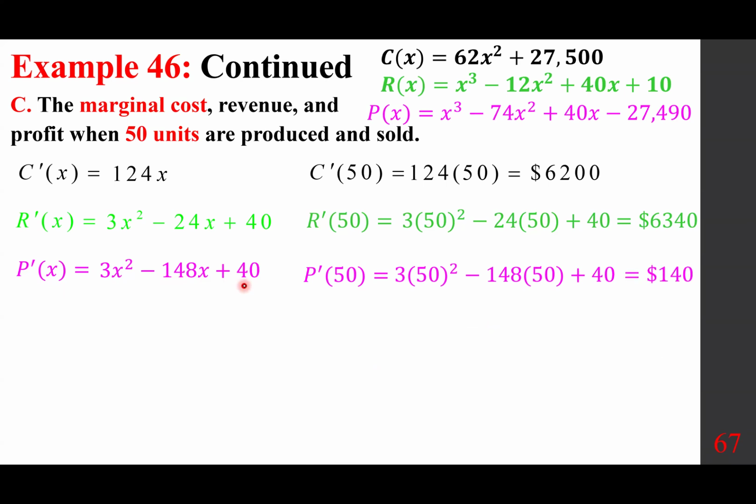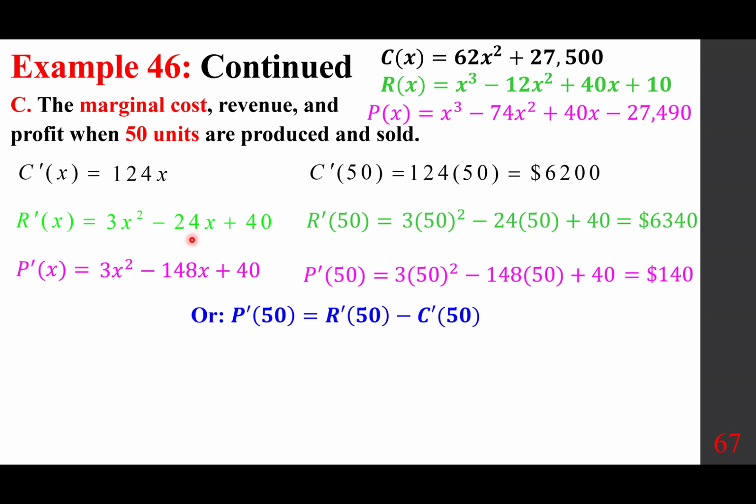And of course, we can say P prime of 50 is R prime of 50 minus C prime of 50. In other words, the difference between these two. So you don't have to go through that. Same thing here, the difference between these two. So R prime minus C prime.